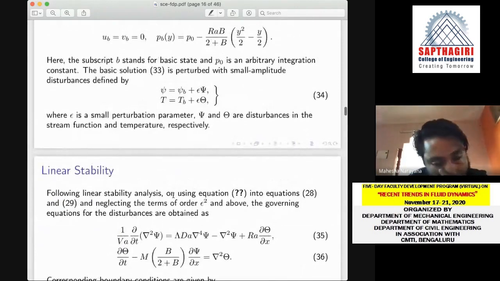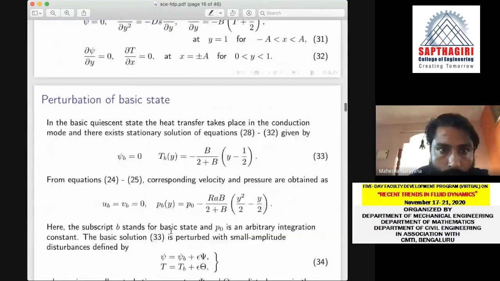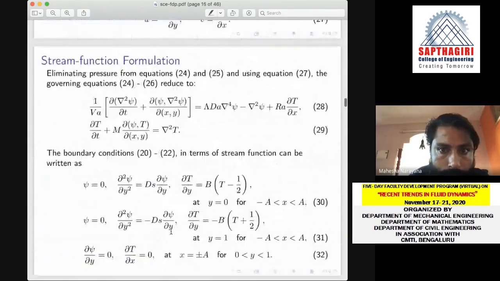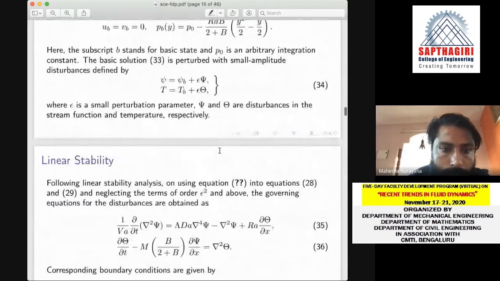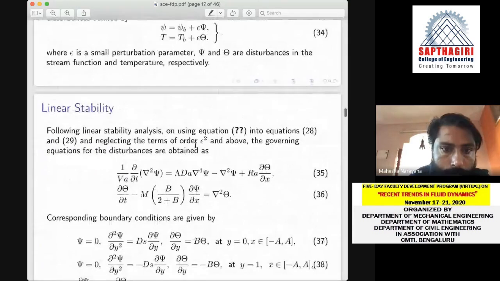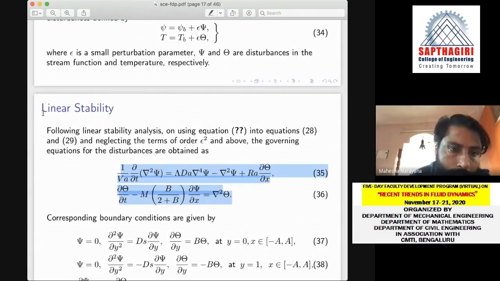And once you substitute equation 34 into equations 28 and 29 and drop the nonlinear terms in epsilon, you get a linear differential equation. Okay, so this is known as the linear stability analysis.